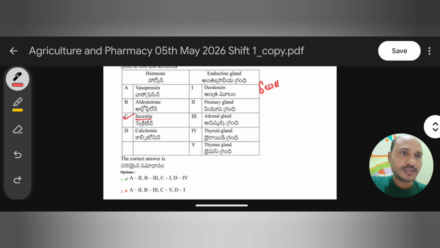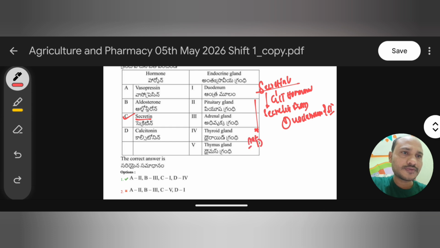Secretin is a GIT hormone, a gastrointestinal hormone, secreted from the duodenum of the small intestine. Remember, secretin is the first discovered hormone. It was discovered by two scientists, Bayliss and Starling, in 1902.